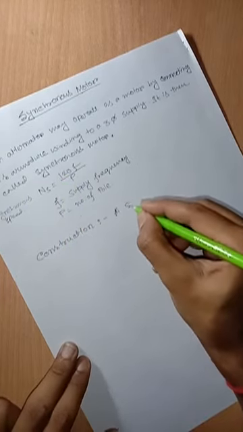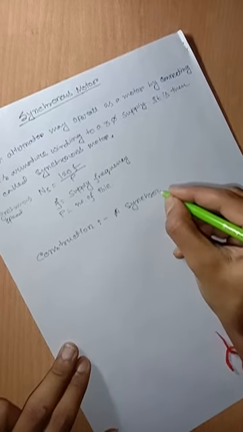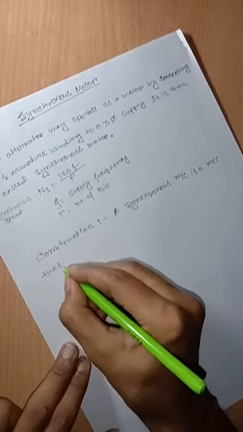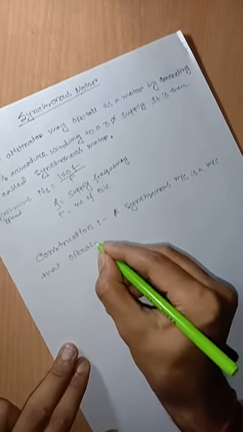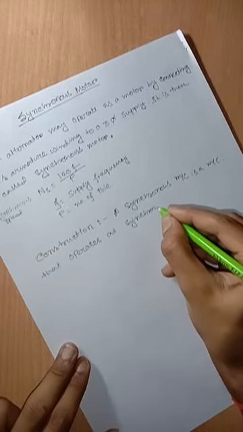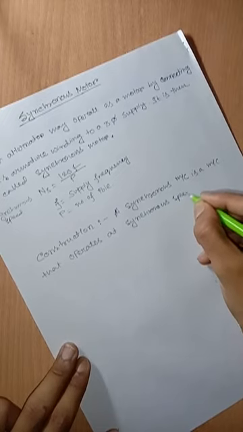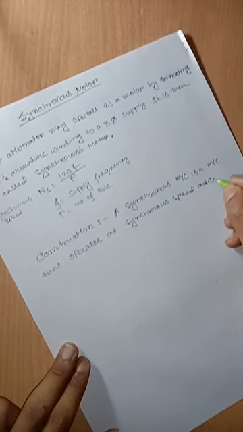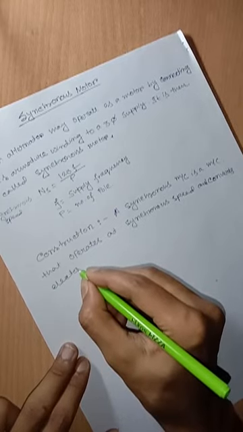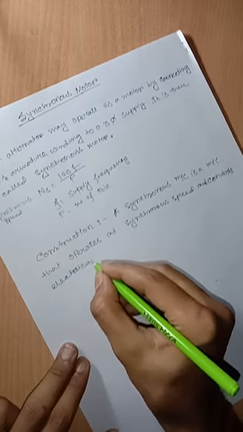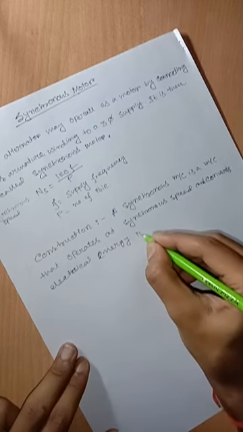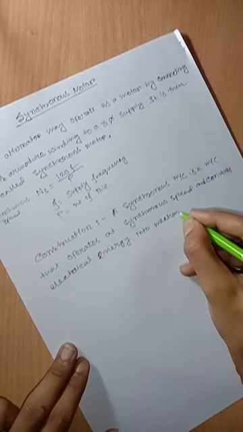Basically, a synchronous machine is a machine that operates at synchronous speed and converts electrical energy into mechanical energy.